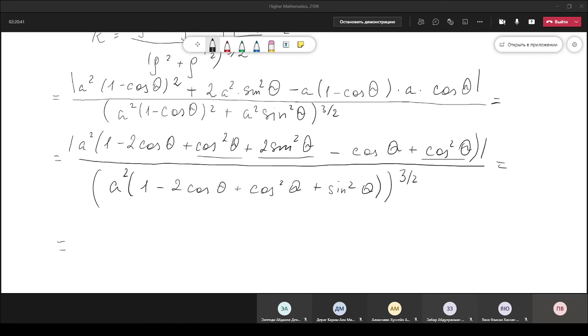Then 2 plus 1 that stay in the first term of our expression will 3. It is 1 cosine squared plus cosine squared is 2 cosine squared plus 2 sine squared is 2, just 2, and 2 plus 1 is 3. Then minus 2 cosine and minus cosine is minus 3 cosine.